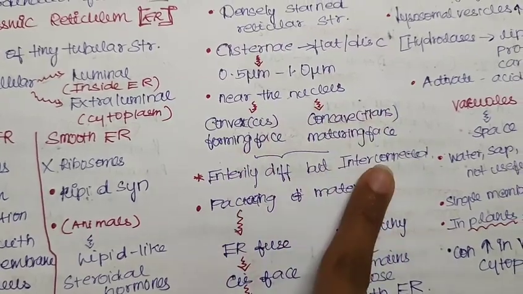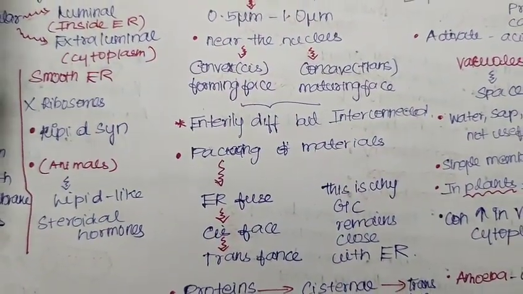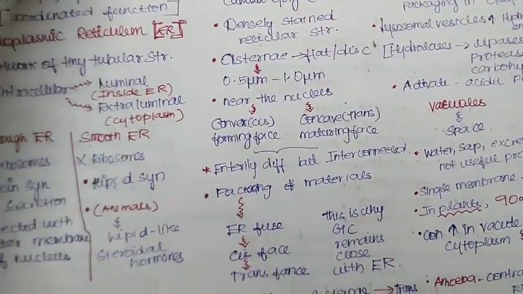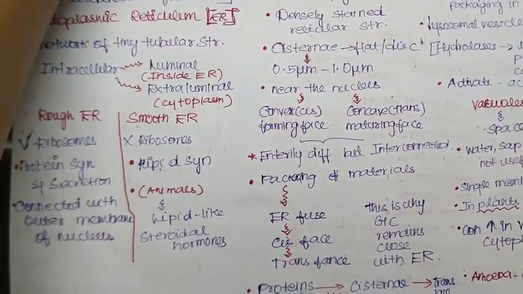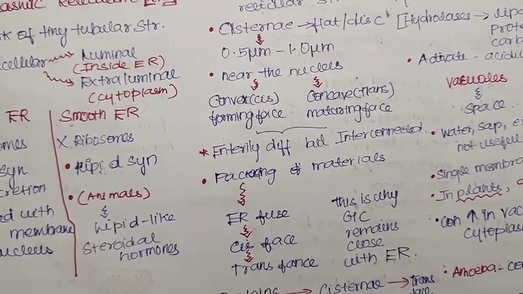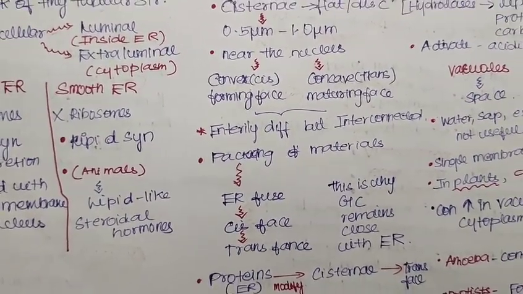The Golgi bodies perform the packaging of material. The main function of the Golgi body is to package the materials. This packed material will be sent either within the cell, to the outside, or to other organelles.